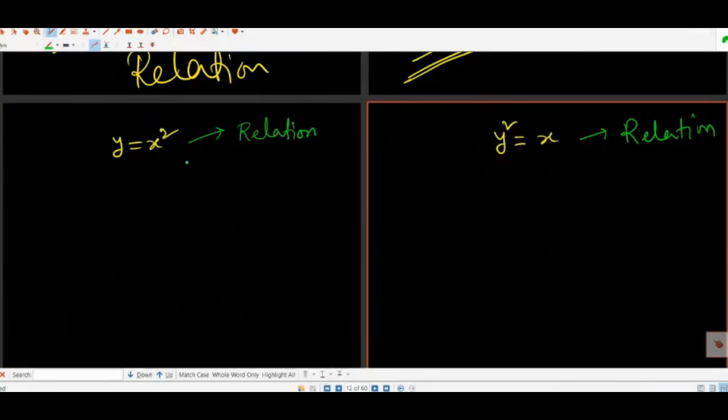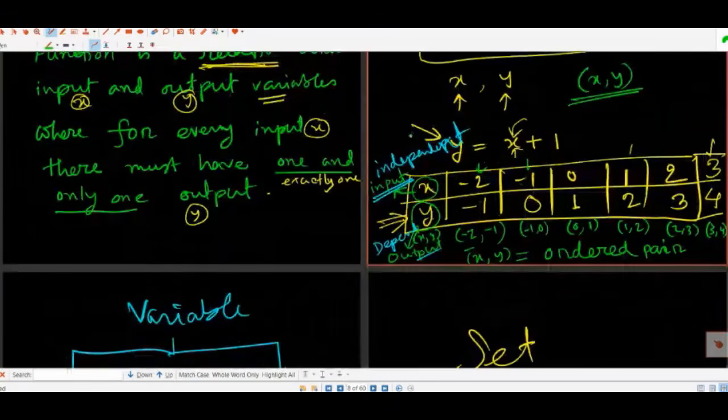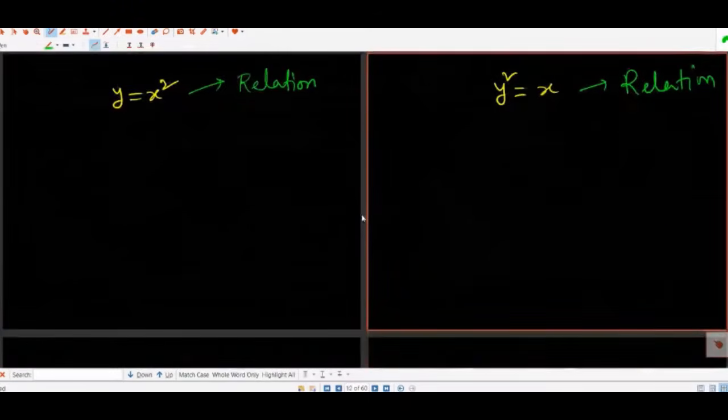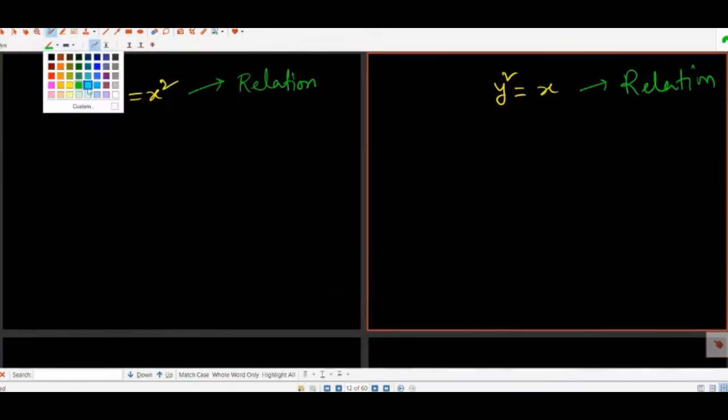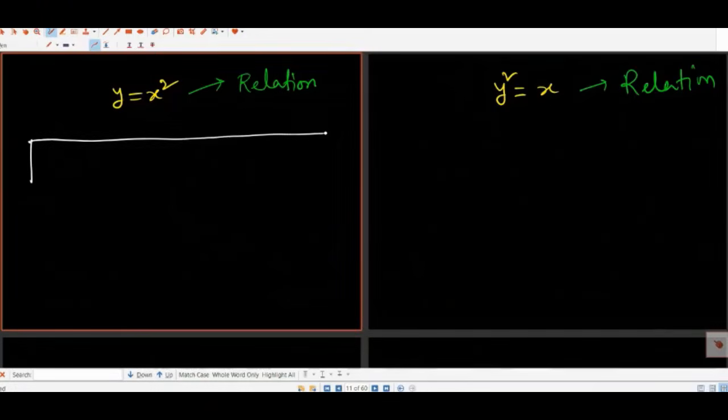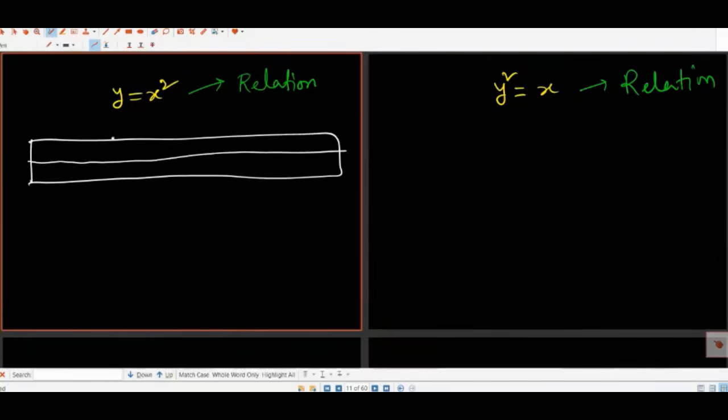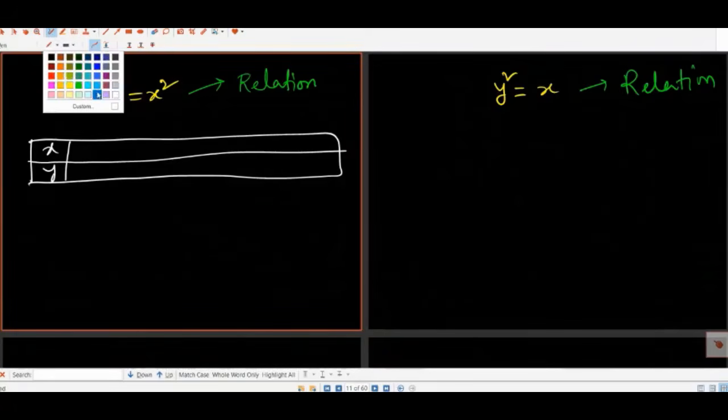Again, the same thing will be done. Let's plug some values of x and try to find the values of y. That's why this tabular form is designed here.